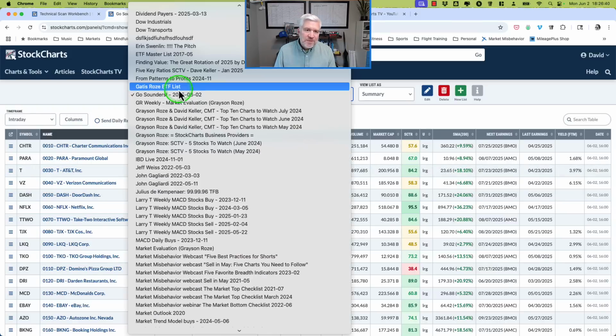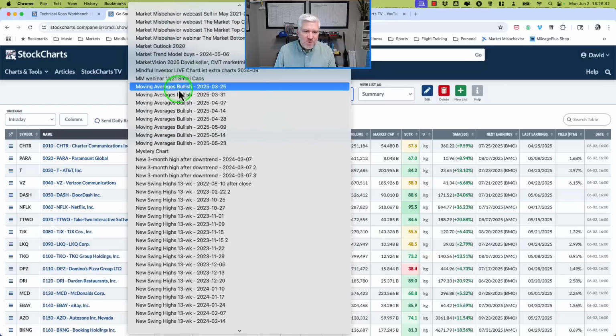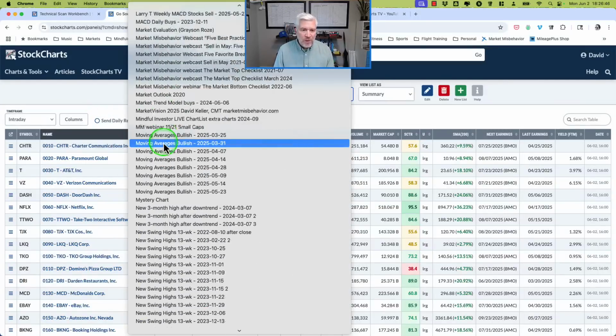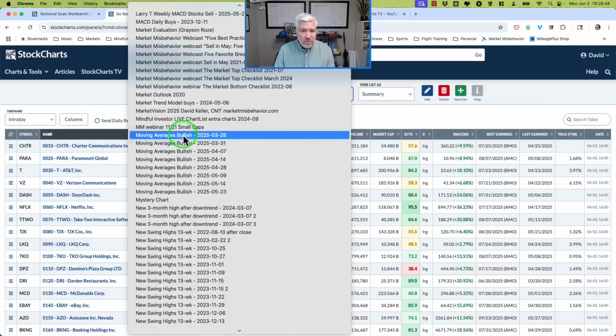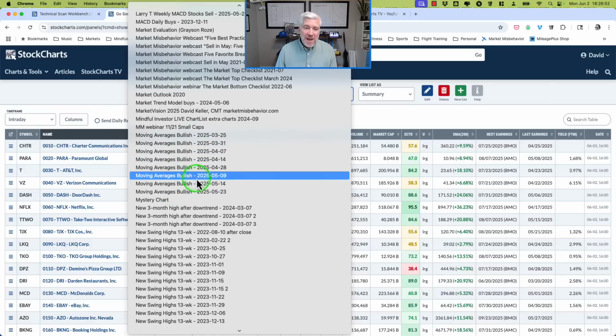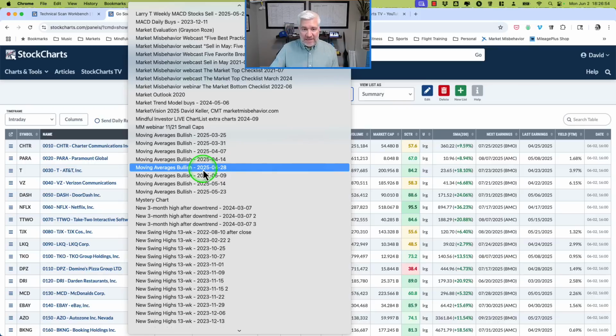So what's helpful about this, by the way, is the more that you run scans, you can always go back. And this is actually one of the great benefits of a platform like this. You can see when I've run the scan about once a week or so, and I can go back and see, all right, what were the stocks that came up on this scan on April 28th of 2025, the end of last month? What's happened in the month since? How many of these stocks actually continued higher?